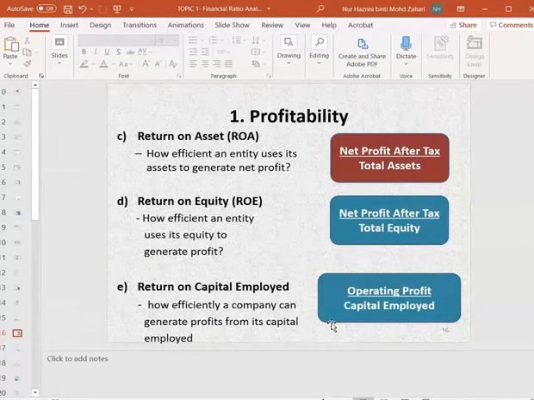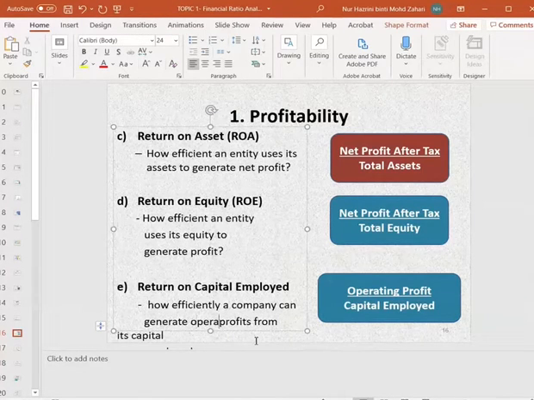But under return on capital employed, we will use the capital figure only, and we use the operating profit. So it's better that I change this one: how efficient a company can generate the operating profit from its capital.